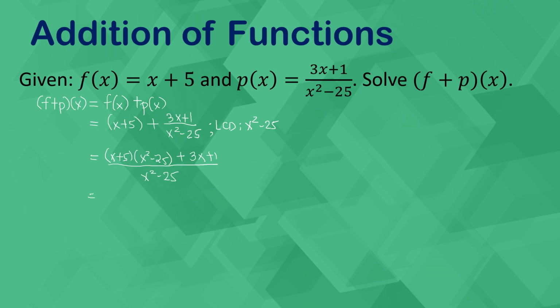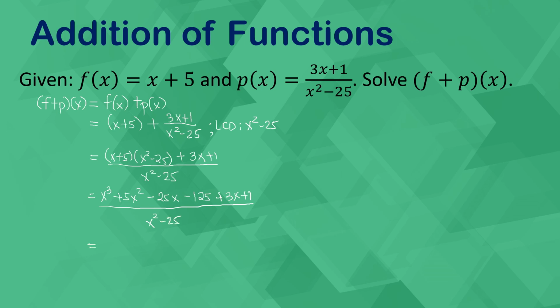And that is x times x squared is x cubed. 5 times x squared is 5x squared. x times negative 25 is negative 25x. And 5 times negative 25 is negative 125, plus 3x plus 1 over x squared minus 25.